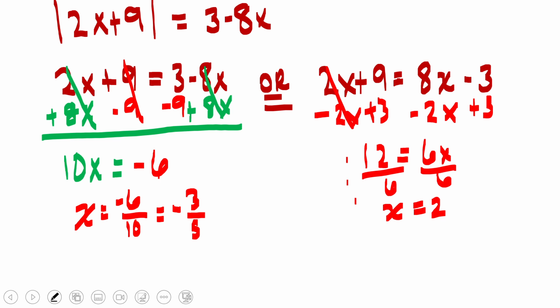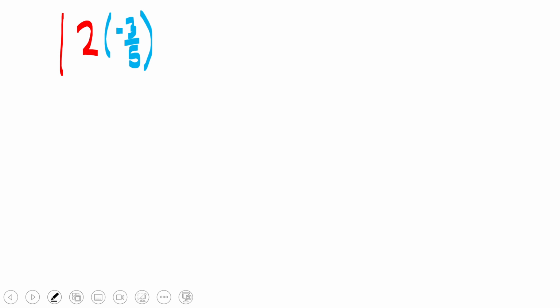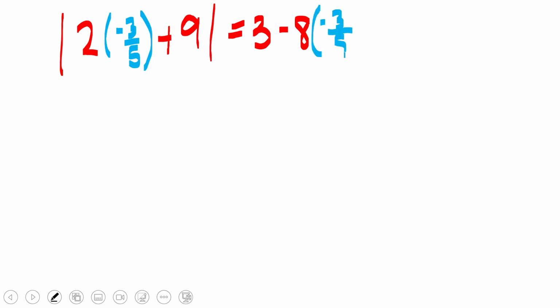We're going to run our check by substituting the two possible solutions into the original given problem. We got a little work to do. We're going to substitute in negative 3/5 first. So you're going to have the absolute value of 2 times negative 3/5 plus 9 equals 3 minus 8 times negative 3/5.